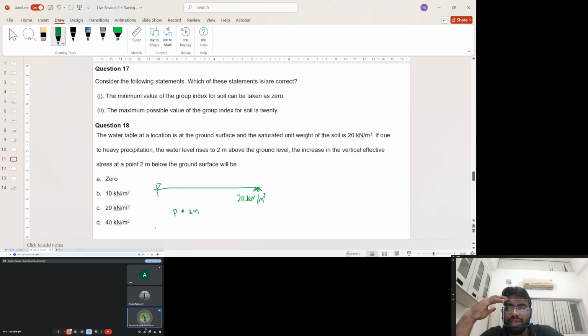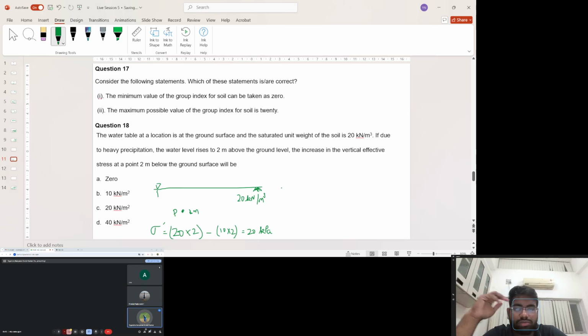Let us calculate the effective stress. Effective stress is 20 into 2. Let gamma W be 10. 10 into 2, which is 40 minus 20, it is 20 kPa.